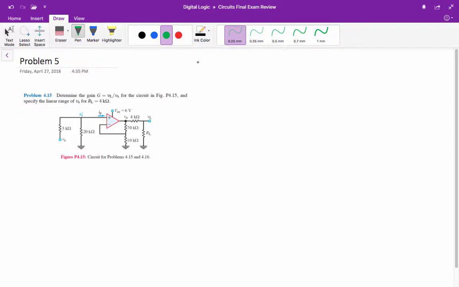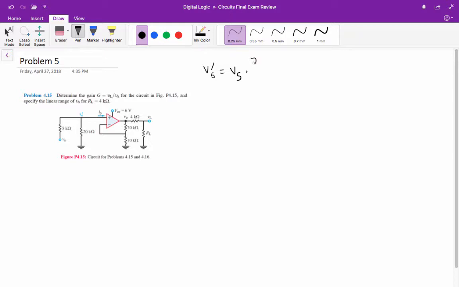So VS prime equals VS times, we want the voltage difference across the 20K ohm resistor.